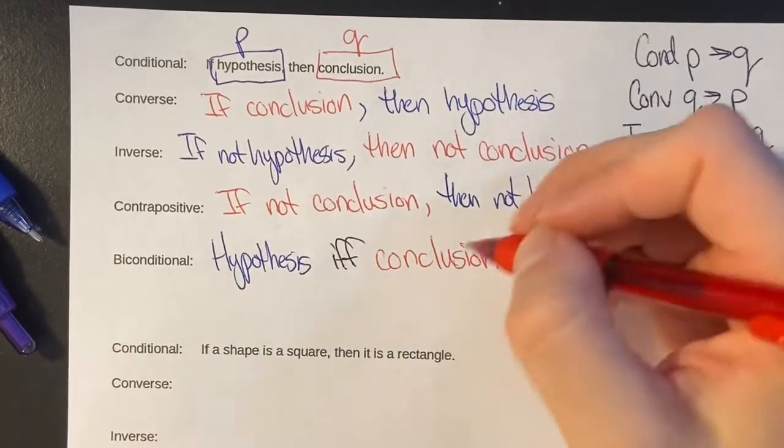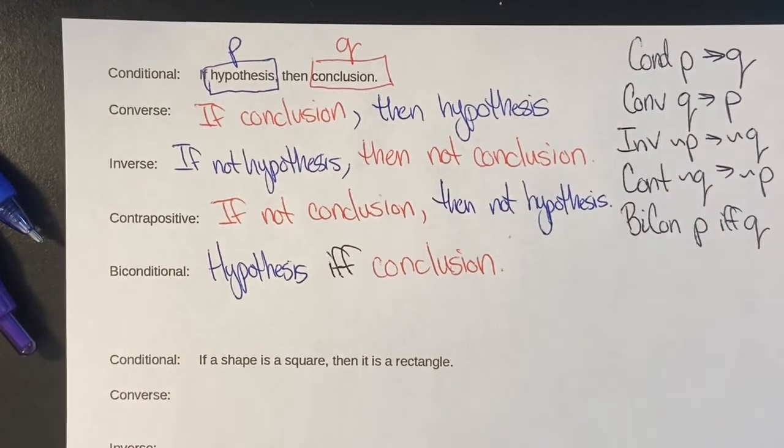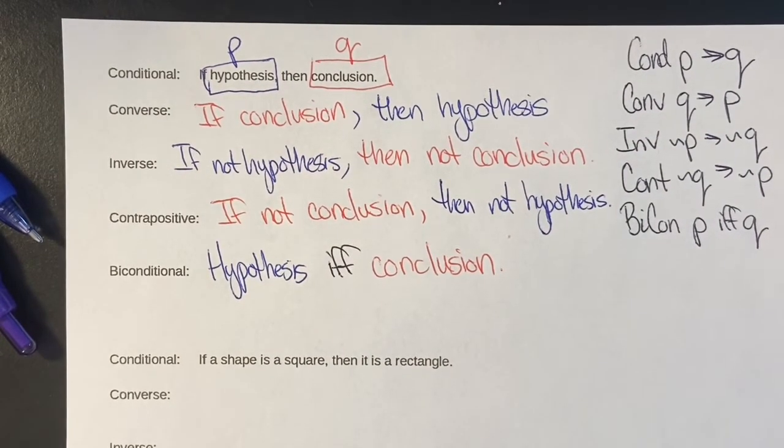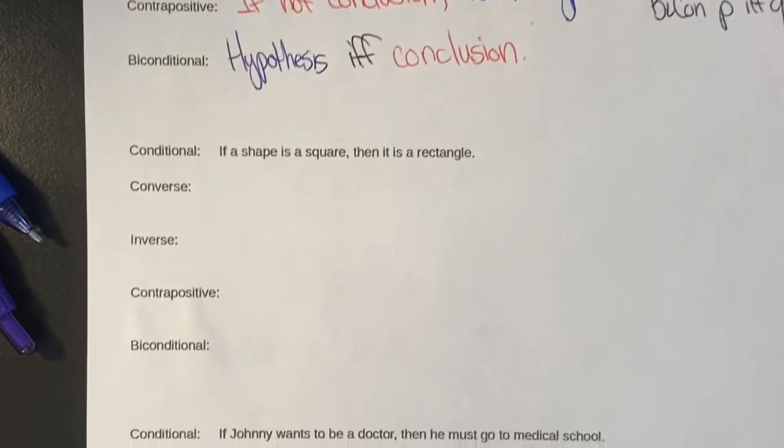And since none of these statements really make sense, we're not going to find out the truth value behind these. We're just going to leave it as that. Okay? So those are the basics. Let's actually do a problem that is real.